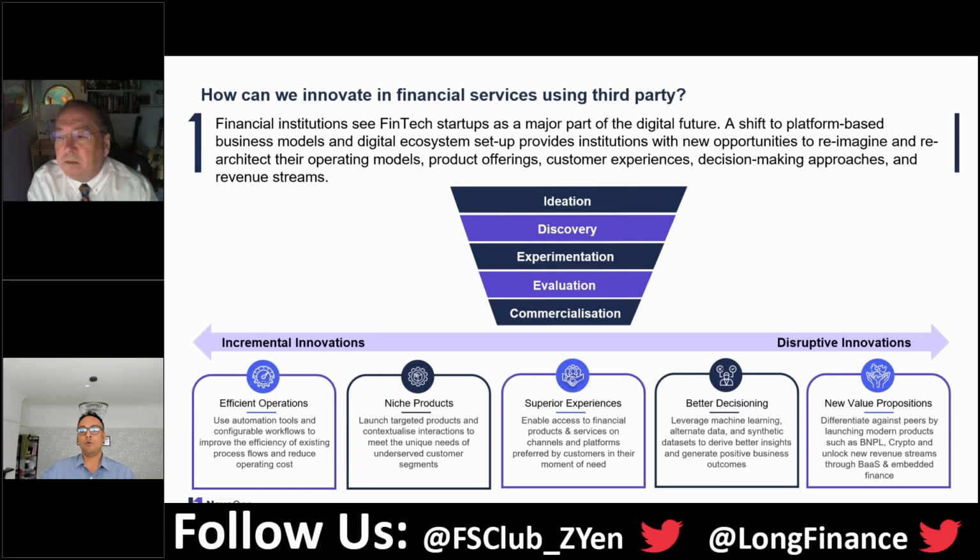Should I be going into a retail buy now, pay later, or a B2B buy now, pay later? And most often, from what I see in the market, most of these organizations look for third-party vendors to accelerate their time to market. If we go to the next slide, please.